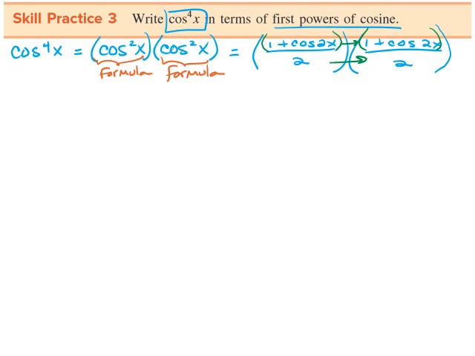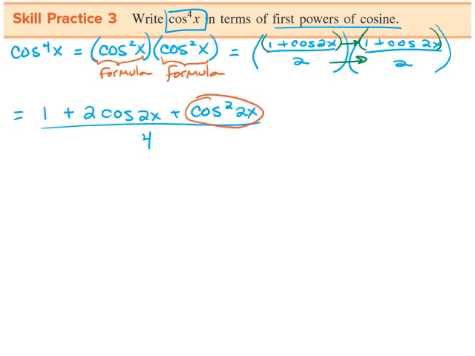When I foil on the top, I get 1 plus 2 cosine of 2x plus cosine squared of 2x all over 4. Now this kind of leads us to the same place we were in the previous problem. This is not a first power of cosine, so I need to use a formula here to reduce that.